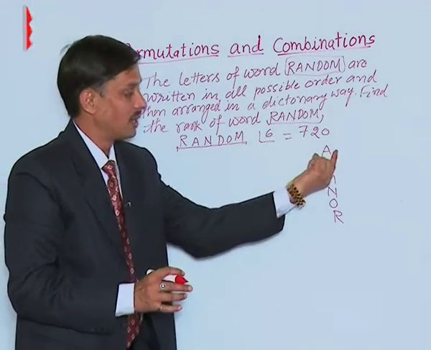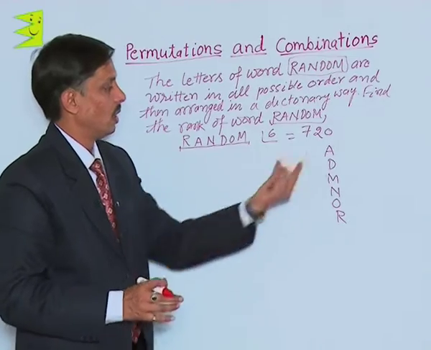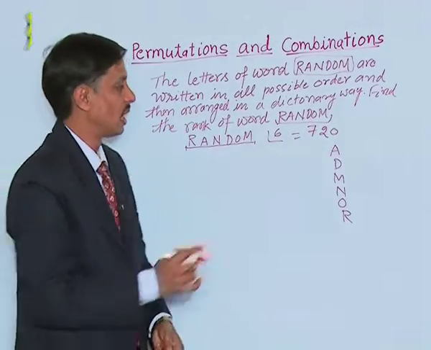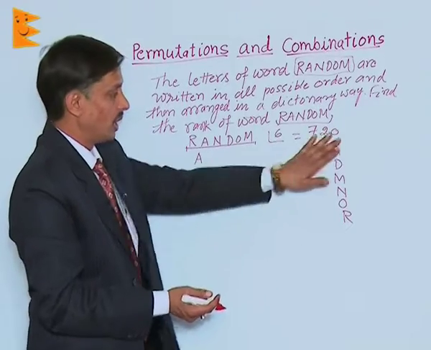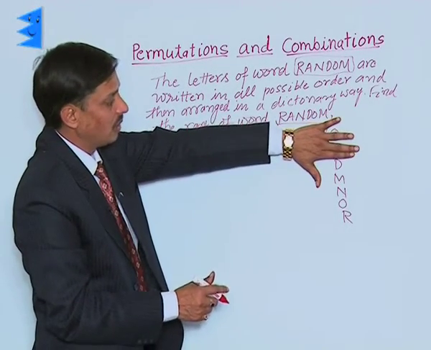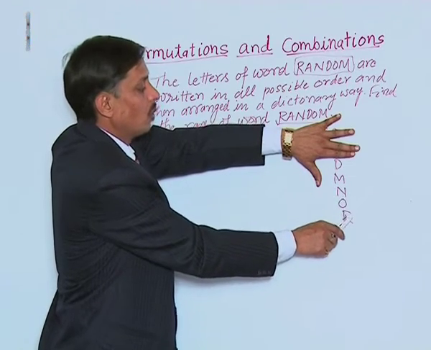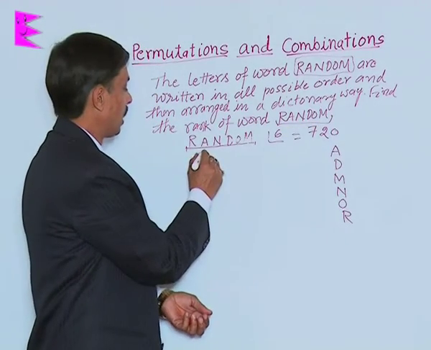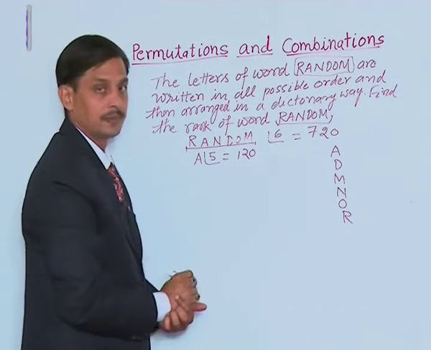First I will fix A. I am looking for all those words which will start with A. So the start with A is fixed. If A is fixed, how many letters are left? 1, 2, 3, 4, 5. So this becomes factorial 5, which equals 120.